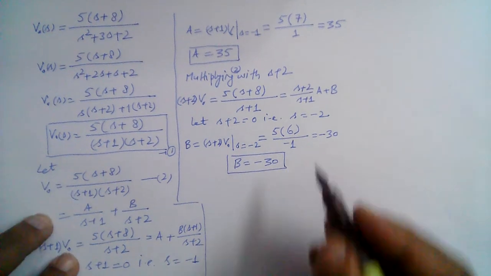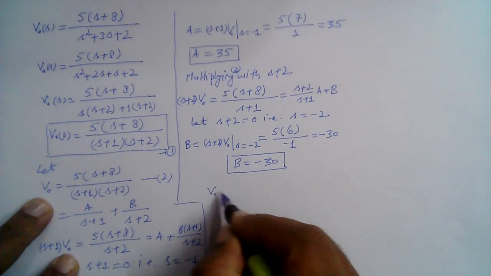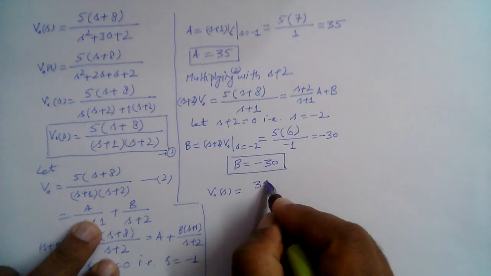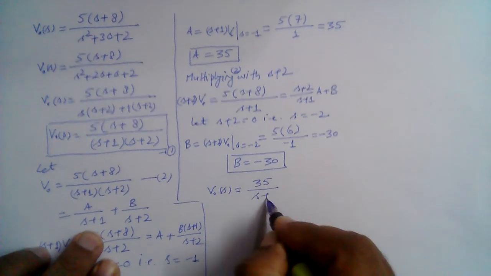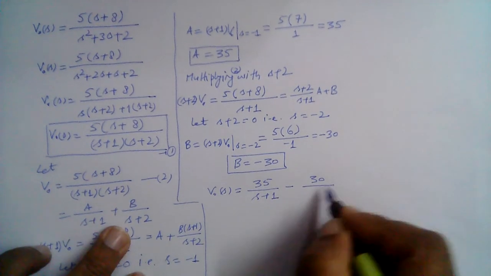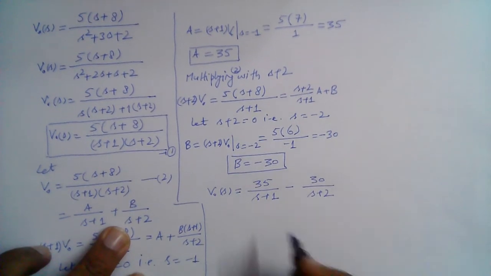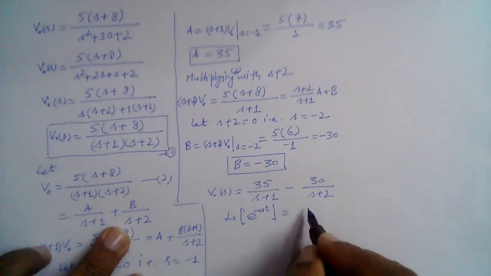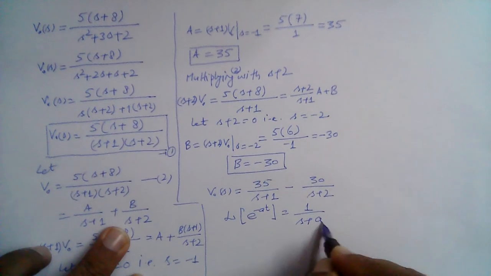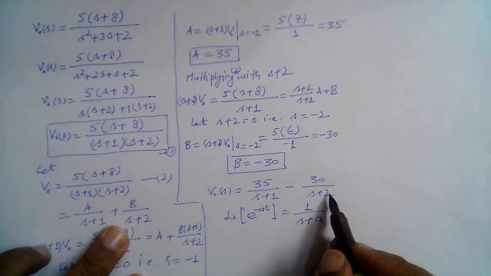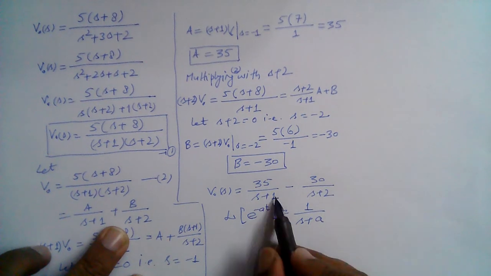So b is equal to minus 30. We can now rewrite v naught of s, where a is equal to 35, as 35 over s plus 1 minus 30 over s plus 2. We know that the Laplace transform of e raised to the power minus at is equal to 1 over s plus a. Here a is 1 and a is 2.